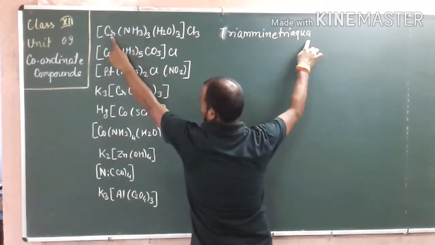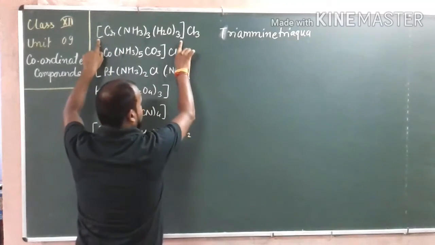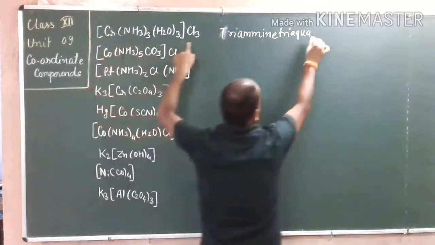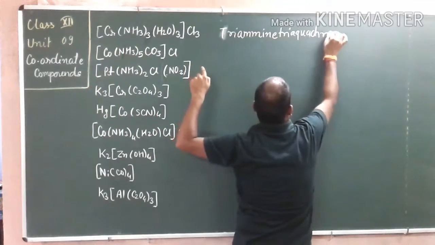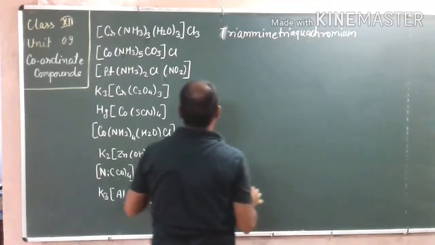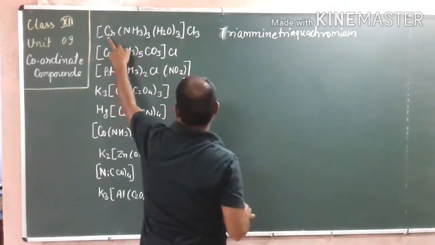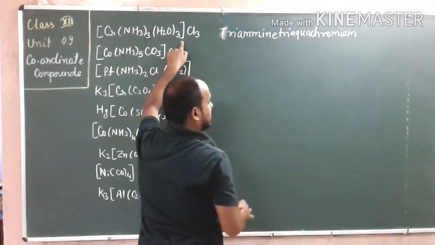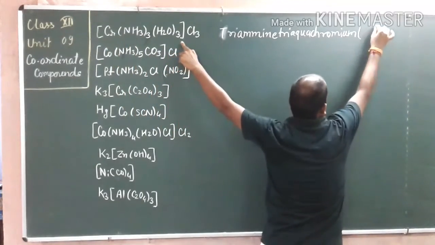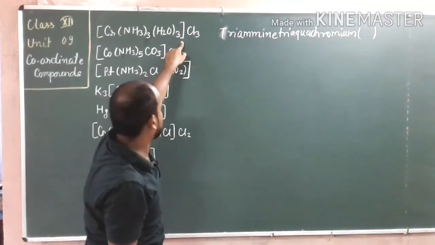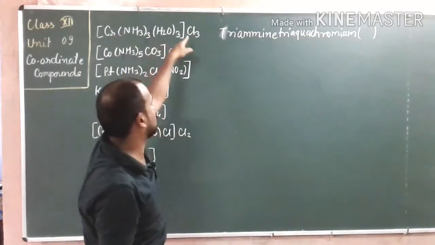Now the name of the metal. Is it cation or anion? Since it is a cation, there will be no change. So Cr will be written as chromium. It's not chromate, it is chromium. Okay, this square bracket is complete. After the square bracket, sorry, the oxidation number. So first, what is the oxidation number of this compound?